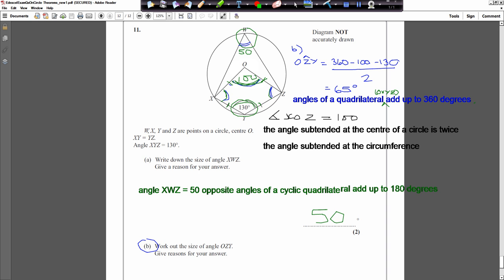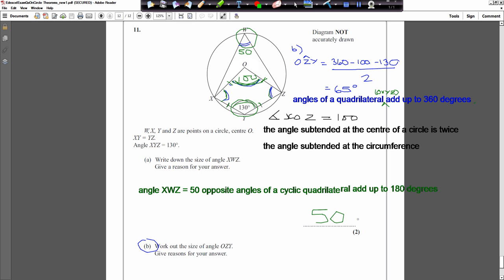Okay, what's next? Angle WXY is equal to angle WZY, equal opposite angles of a kite as two sides.